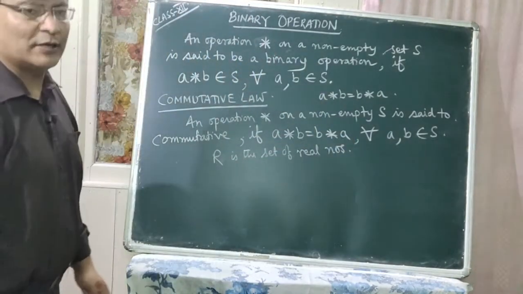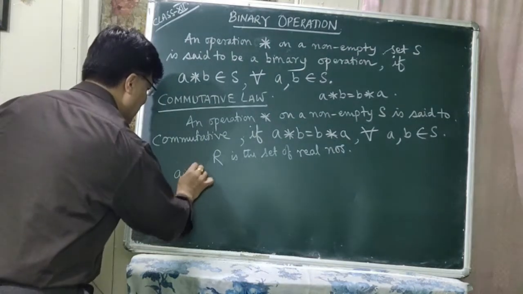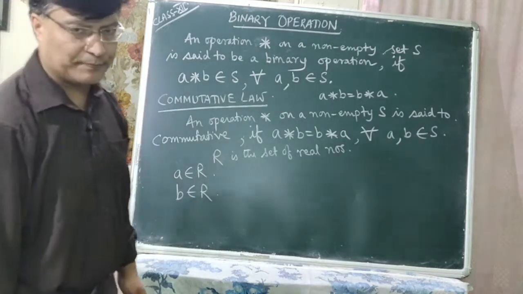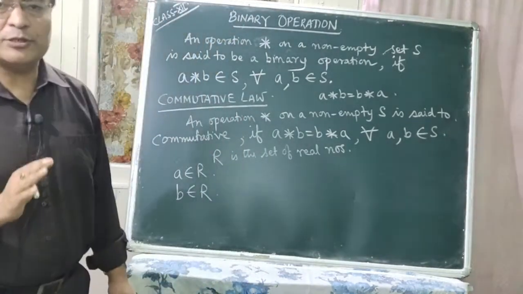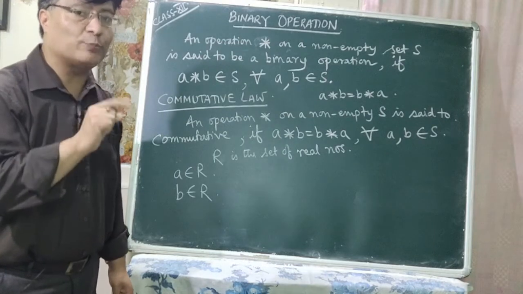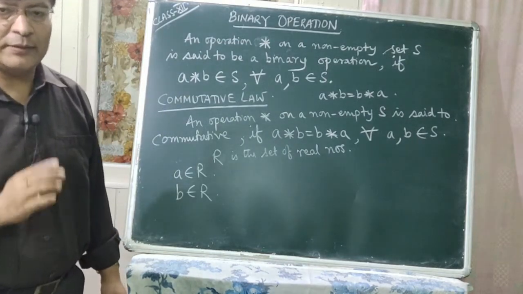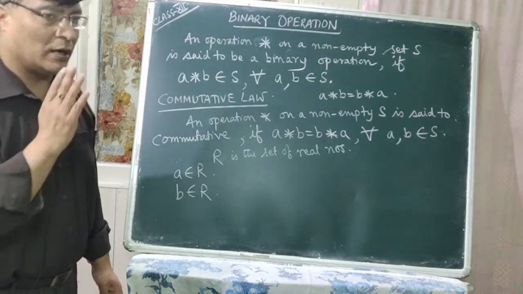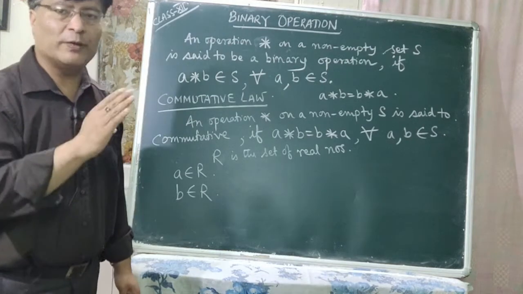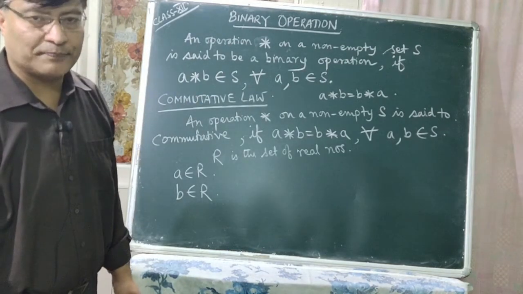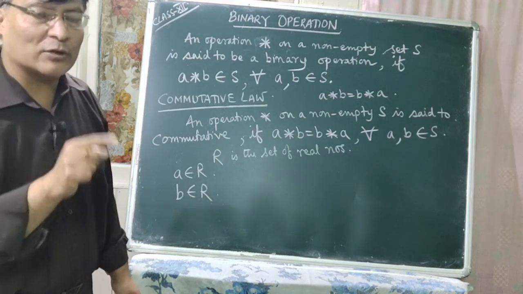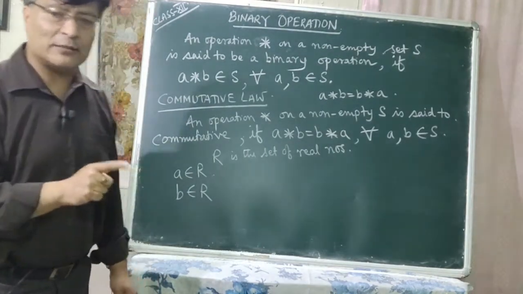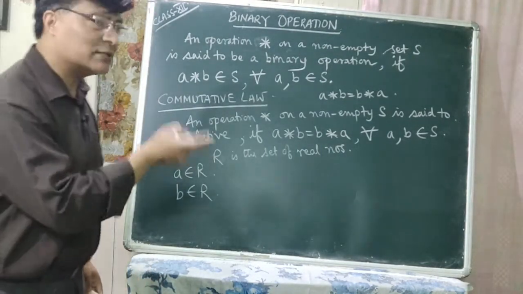In order to check commutative property and associative property, that operation should be a binary operation first. So subtraction on the set of natural numbers is not a binary operation, but subtraction on the set of real numbers is a binary operation.